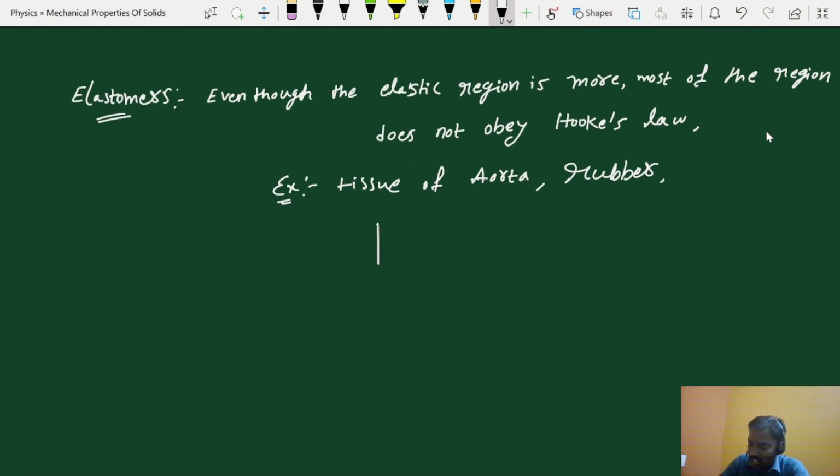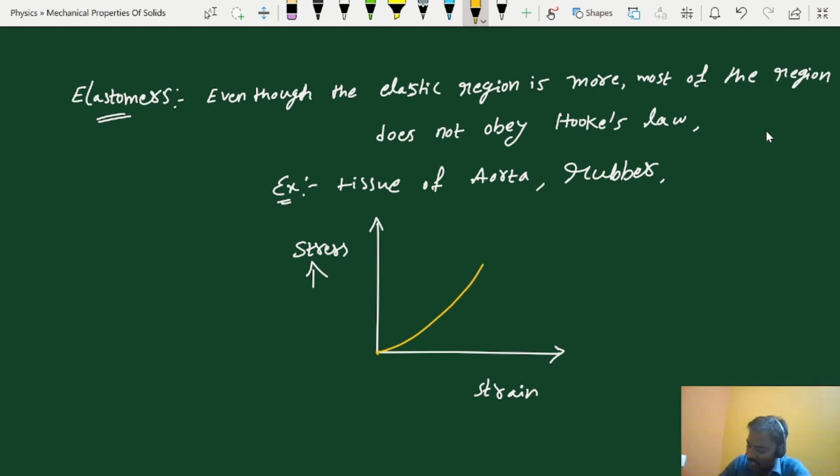Corresponding stress strain graph of this situation is like this approximately. So there is no appreciable plastic region in this case. Right, students? And here itself we talk about two more terms, such as elastic after effect.